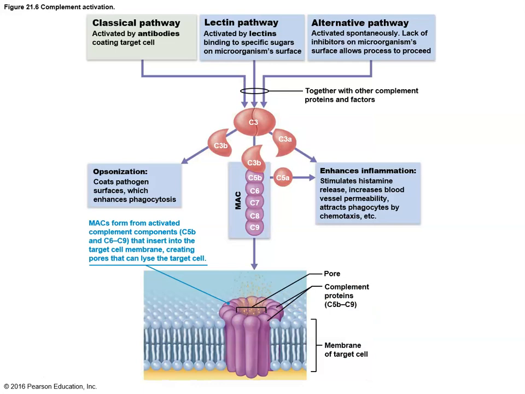Complement is another complicated system that involves dealing with problems as well. There are a couple of different ways that the complement system can work. We can have the classical pathway, in which the cell that is potentially the problem is coated with antibodies. That identifies that cell as being a problem.